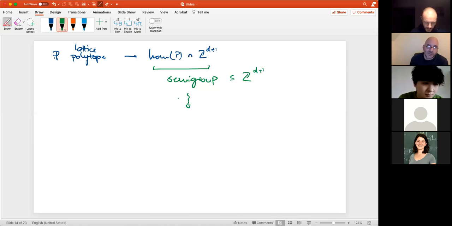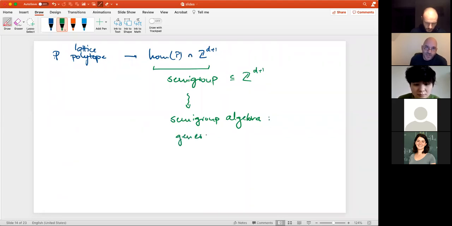So what is this algebra? It's generated precisely by the monomials in my integer point transform.